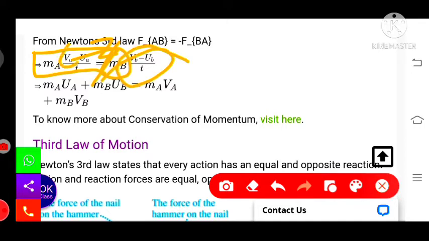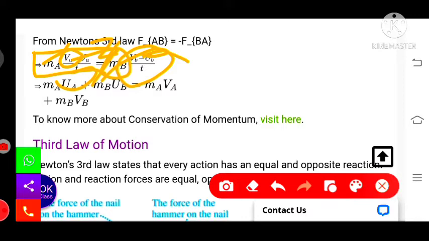Let me take the final velocity of the first ball as va and the final velocity of the second ball as vb. The initial velocity of the first ball is ua, and the initial velocity of the second ball is ub, and the time is the same.